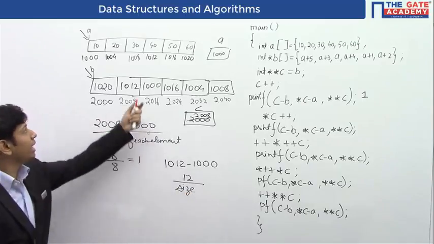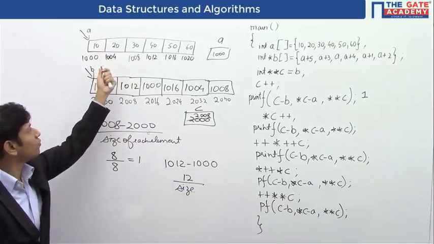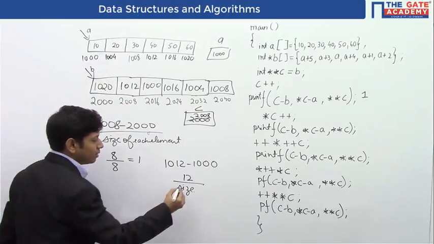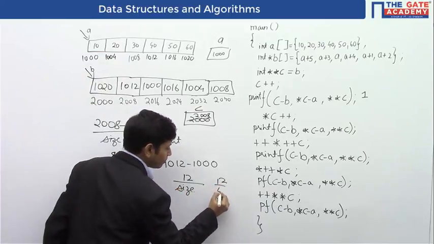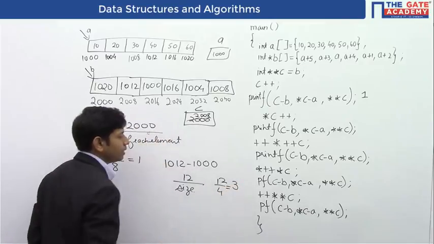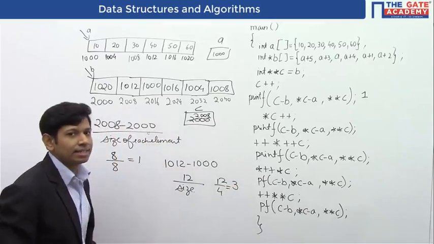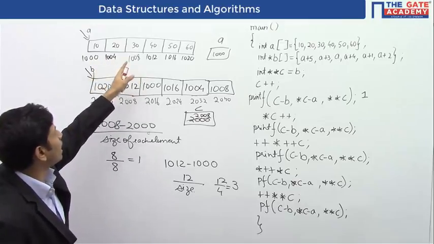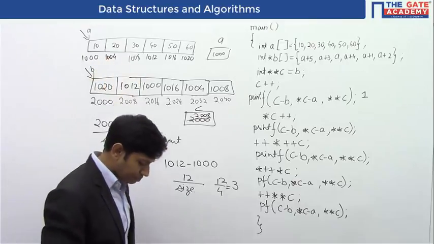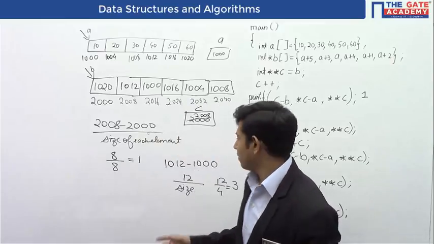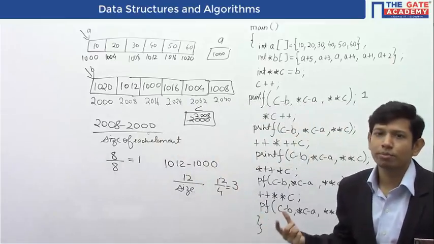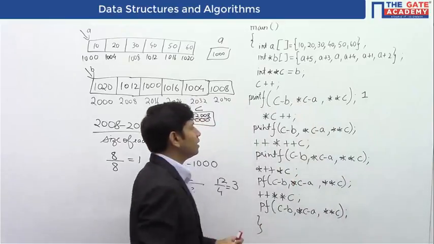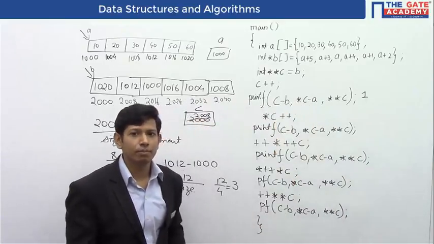Since this is array A, the size of each element is 4. So we divide 12 by 4 and obtain 3. There are 3 elements from 1000 to 1012. This is how we obtain the difference of two memory addresses. So the second output, for star C minus A, will be 3.